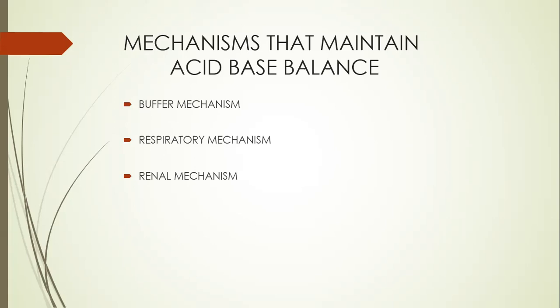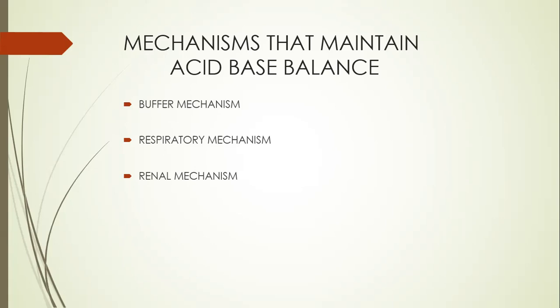When this first line of buffer system fails, the second line activates, which takes minutes. That is the respiratory mechanism. When your pH is altered, there is a change in the partial pressure of carbon dioxide, as well as a change in the bicarbonate ion.